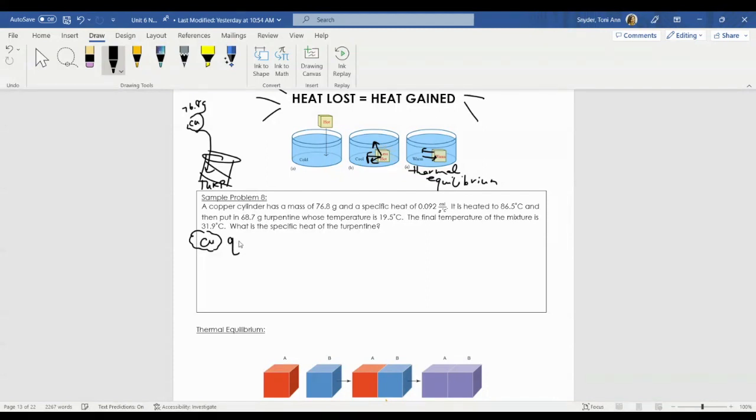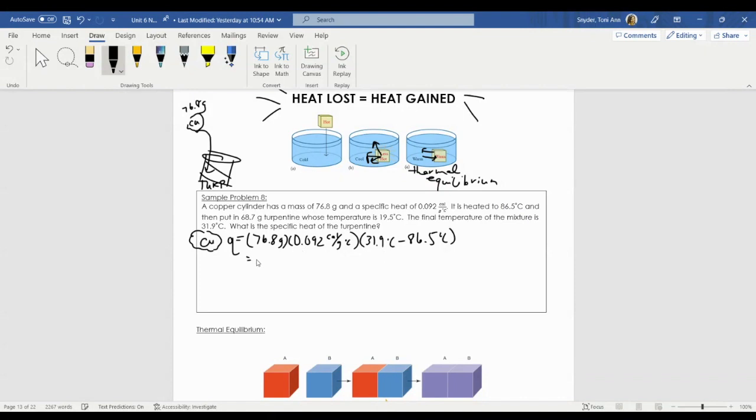If I want to know how much heat the piece of copper lost, that Q is equal to the mass of the copper, which is 76.8 grams, times the specific heat of the copper, calories per gram degrees Celsius, times delta T. So the final temperature is 31.9 minus the initial temperature of the copper, which was 86.5.